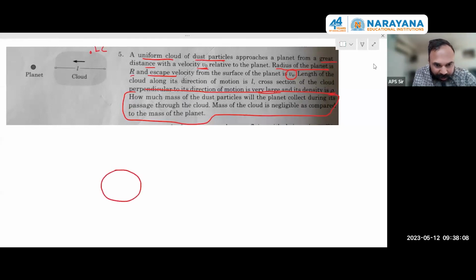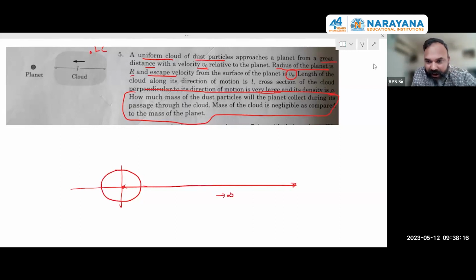Like if this is my planet, right? And from the center, if I go to a distance which is tending to infinity, and in the cross section, if I find a limiting cloud particle, LCP, which is at a distance of, let's say, small r, then this guy is going to follow a hyperbolic orbit.